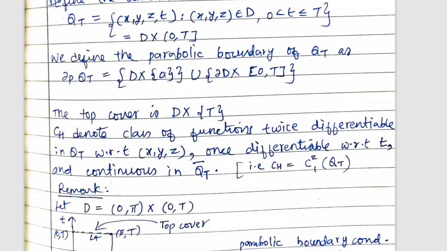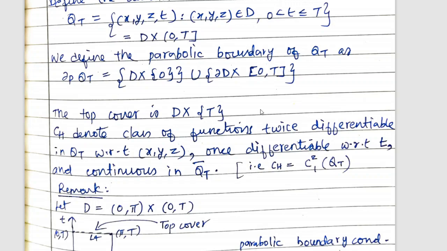Then union with boundary of the domain D, and here time varies from 0 to capital T. So we have boundary of D, and the 4th coordinate is time t, where t varies from 0 to capital T. I will make it more clear. The top cover is D cross the singleton set T, that is the upper limit of time, and D is xyz. So this is of the form xyz capital T.